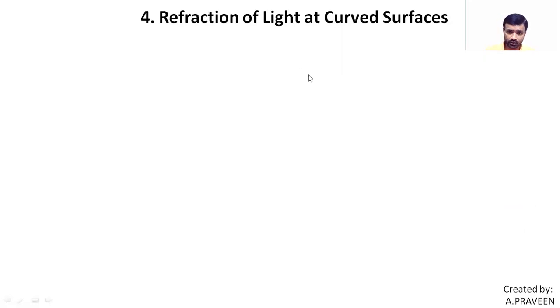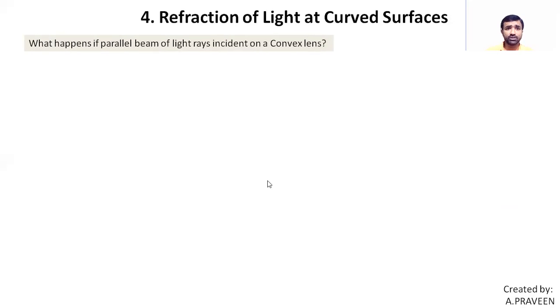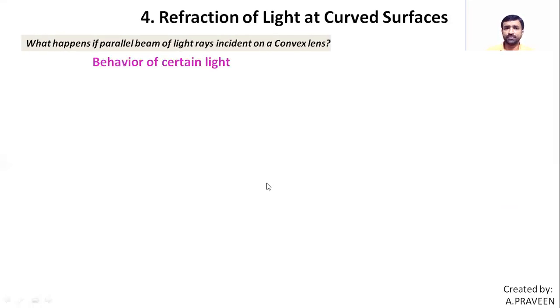Yesterday, at the end of our class, we discussed the special situations especially. Once again, I will remind you what happens if a parallel beam of light rays is incident on a convex lens.